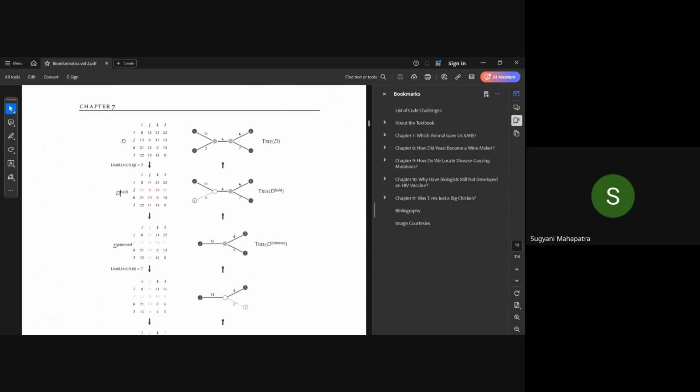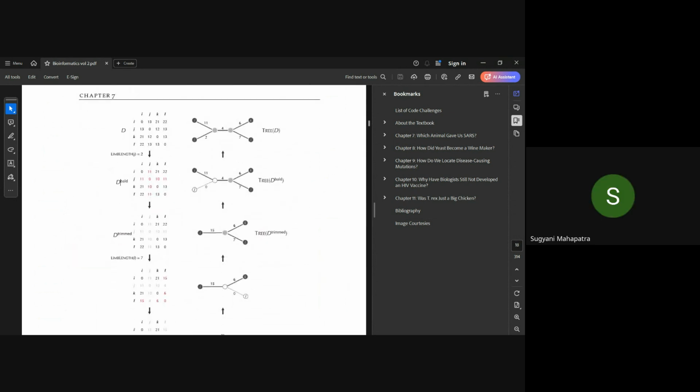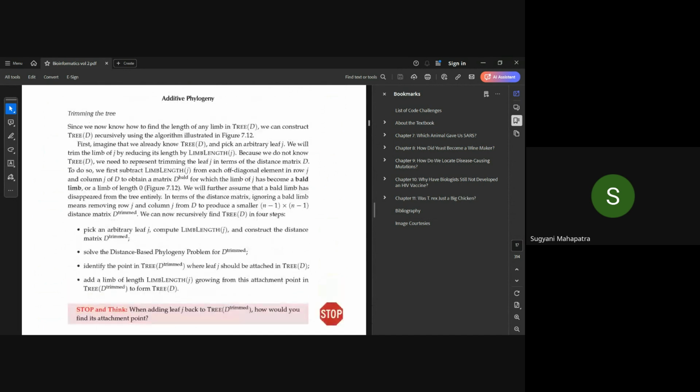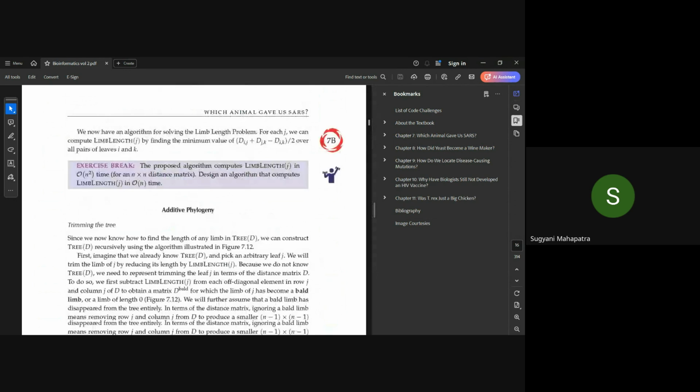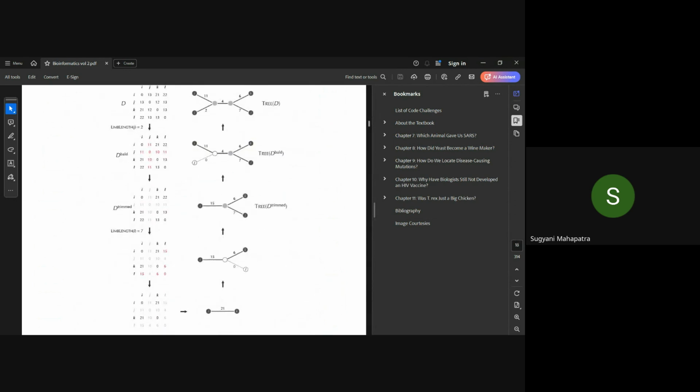Understand how these formulas are being computed, both for additive phylogeny and for the neighbor joining algorithm. What are the formulas to compute these values, and how to compute them? Once these are computed, how to construct the tree. That's all. And then just look at the pseudocode and try to understand what is happening in it, so that will help a little bit.